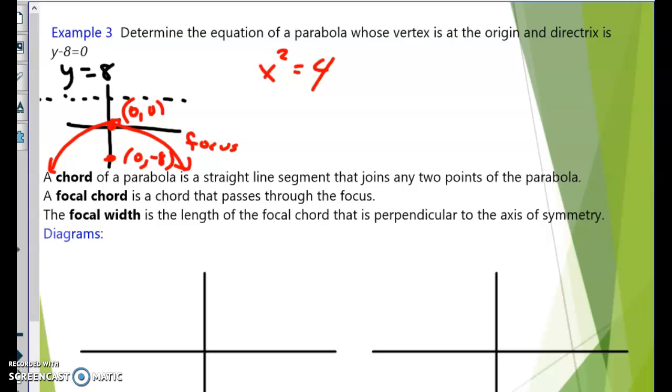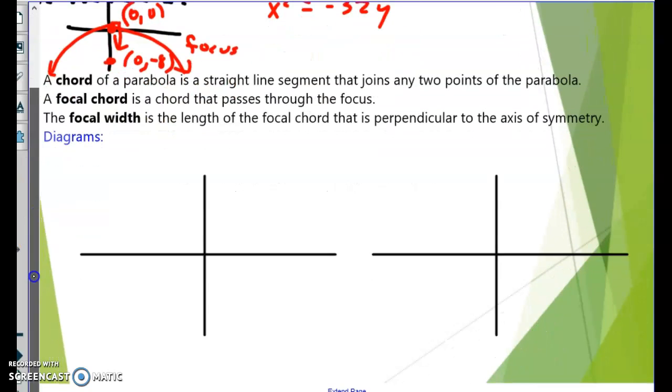Since it's opening down, my p is going to be negative 8, and then y minus k, again, is y minus 0. So my equation simplifies to that, where my h and k are both 0, which makes it a little bit easier.